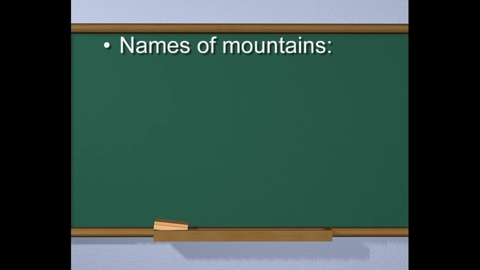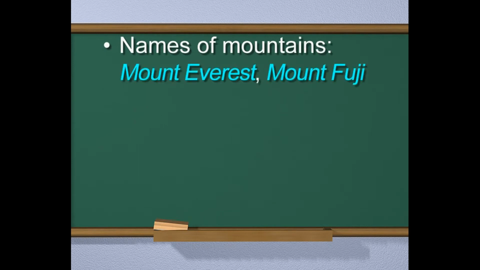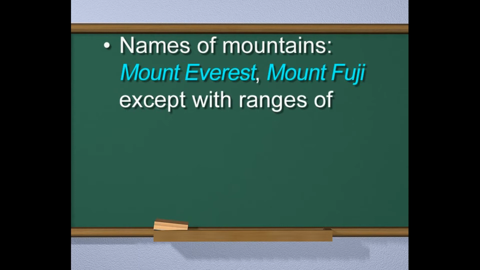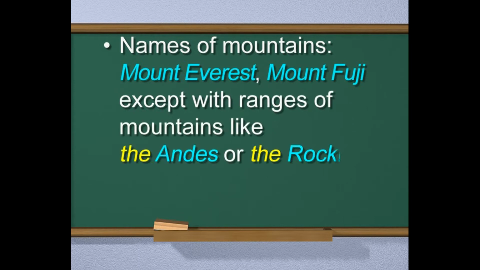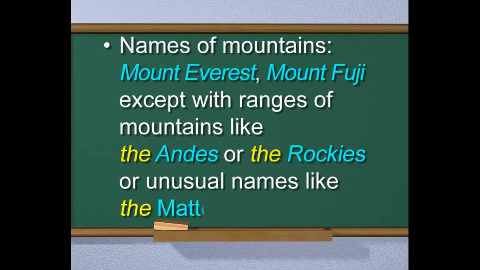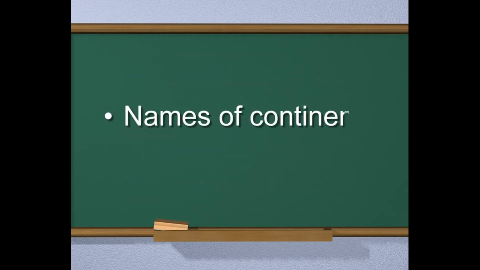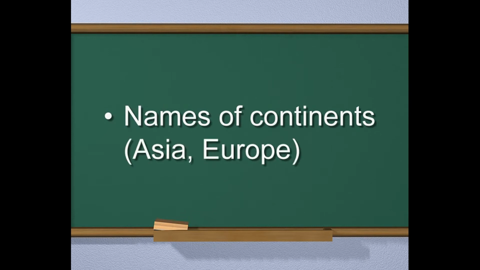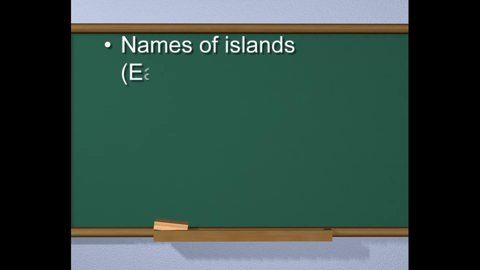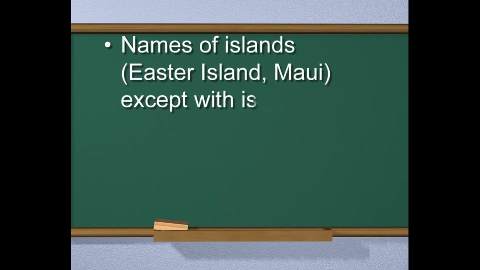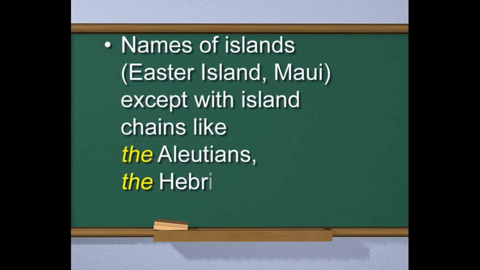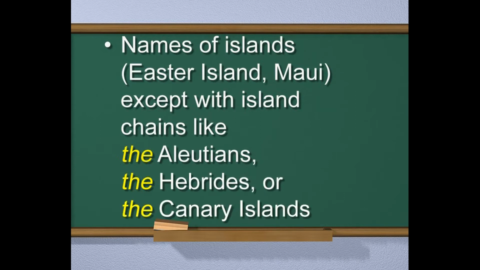Names of mountains: Mount Everest, Mount Fuji, except with ranges of mountains like the Andes or the Rockies, or unusual names like the Matterhorn. Names of continents: Asia, Europe. Names of islands: Easter Island, Maui, except with island chains like the Aleutians, the Hebrides, or the Canary Islands.